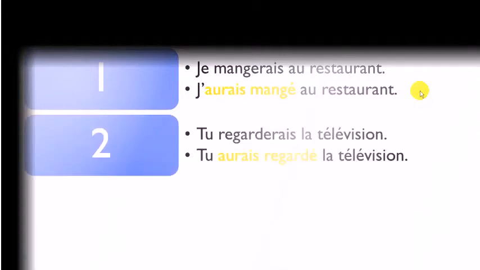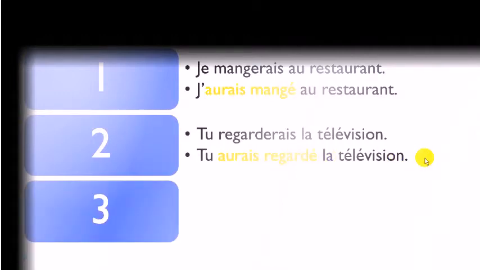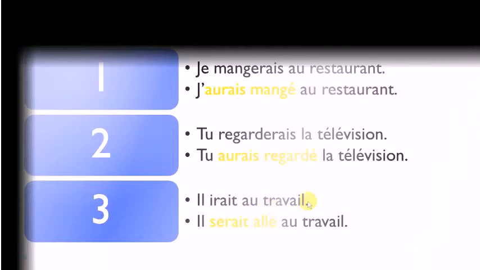Okay? Second example, tu regarderais la télévision, tu aurais regardé la télévision. So same thing here: the first one is at the conditionnel présent form, the second one is the conditionnel passé form. And then il irait au travail would become il serait allé au travail.